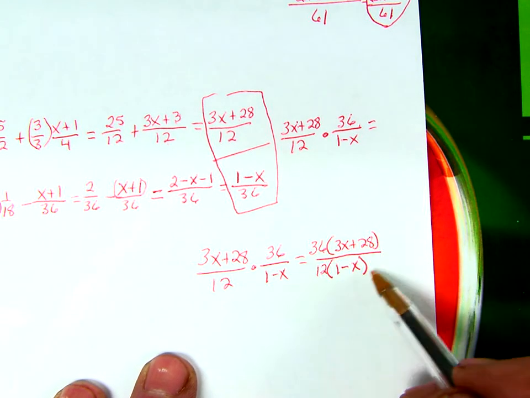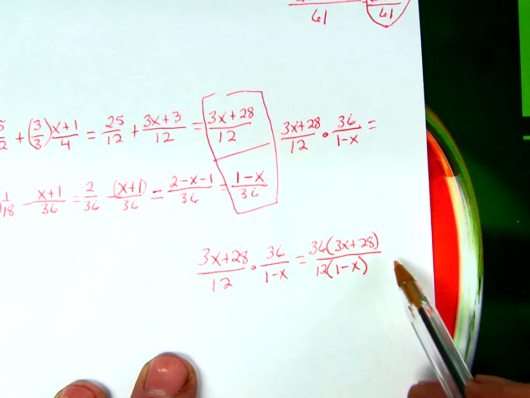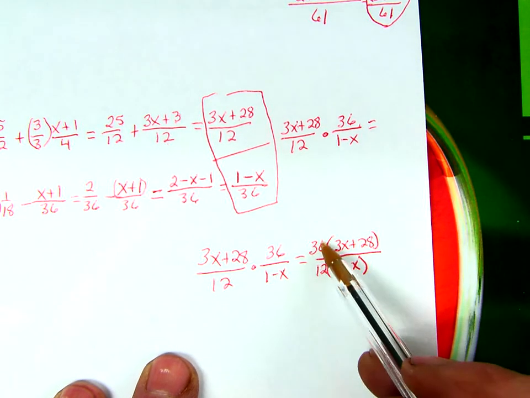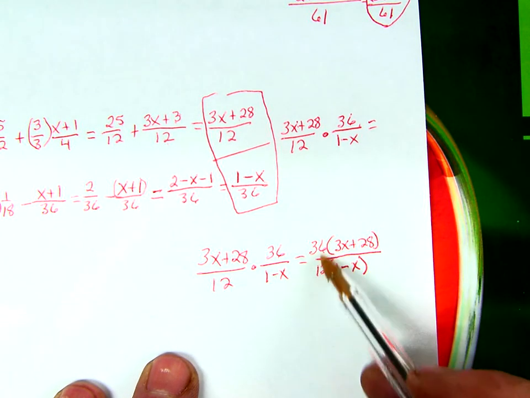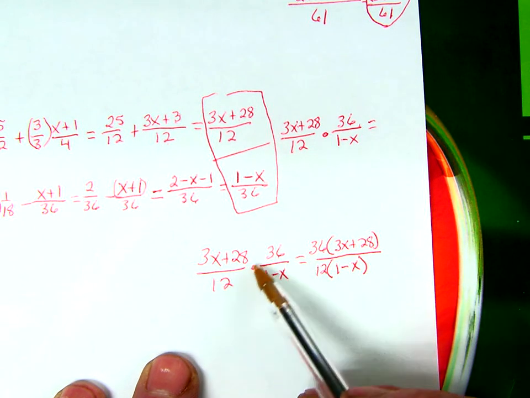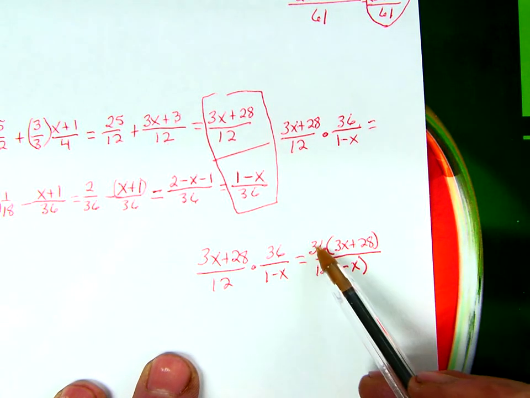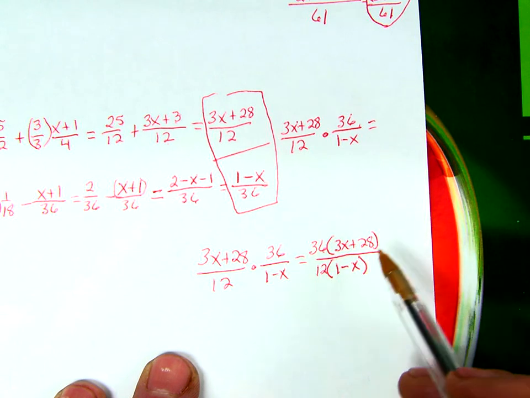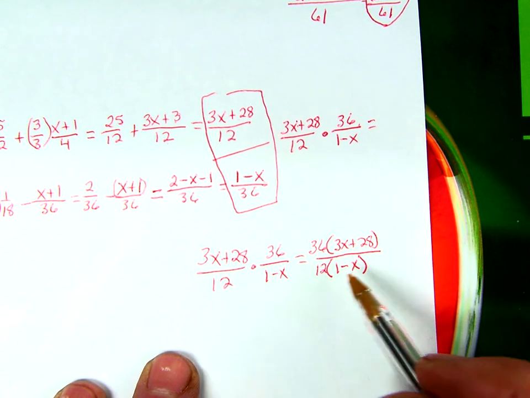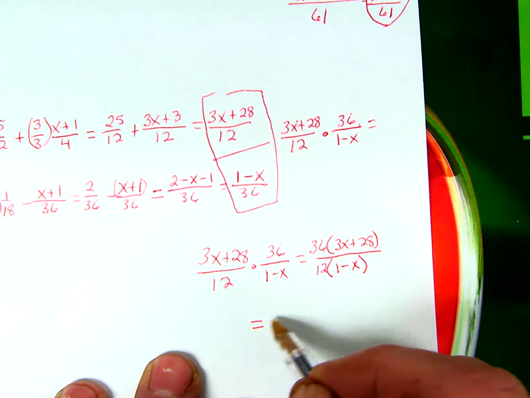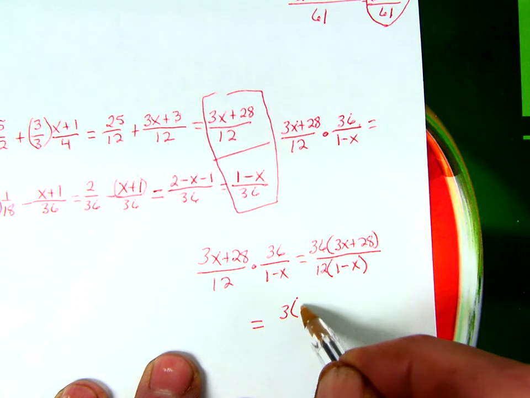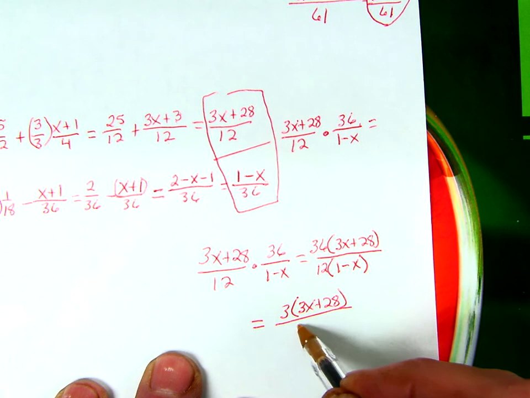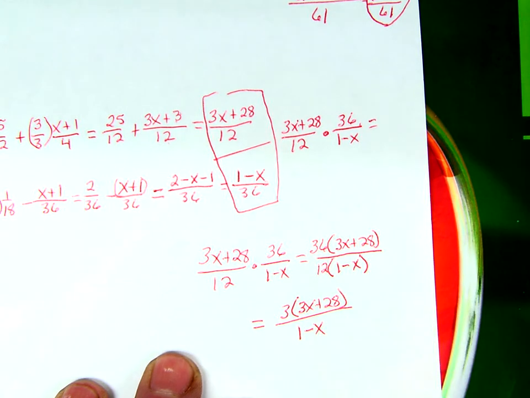There's several ways we can go at it here. We can go ahead and multiply and then see if anything reduces. Look right here, 36 divided by 12. We could have reduced right here. We definitely can reduce right here. 12 goes into 36 3 times. So that gives us 3 times 3x plus 28 being divided by 1 minus x.